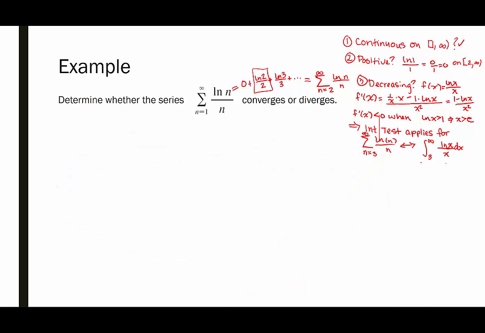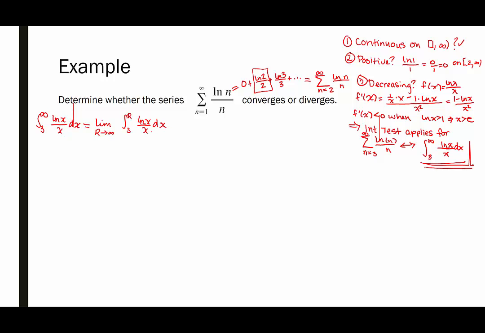Okay, so that's what we're going to do: the integral test for the improper integral of log x over x starting at 3. So we have the improper integral from 3 to infinity of the natural logarithm of x over x dx, which is going to equal the limit, I'm going to use r's, not t's, as r goes to infinity of the integral from 3 to r of log x over x dx.